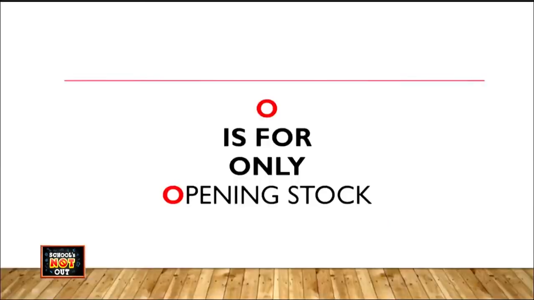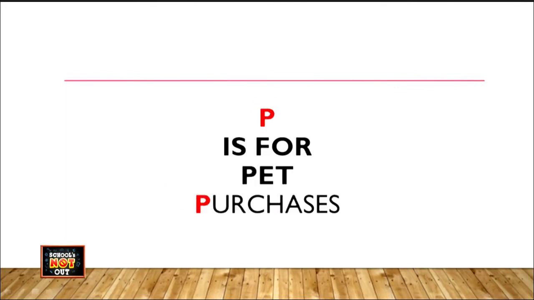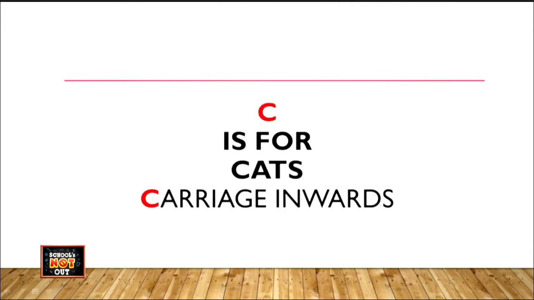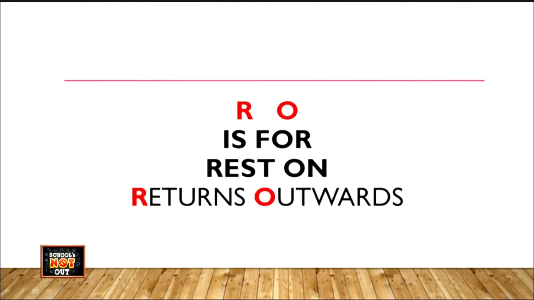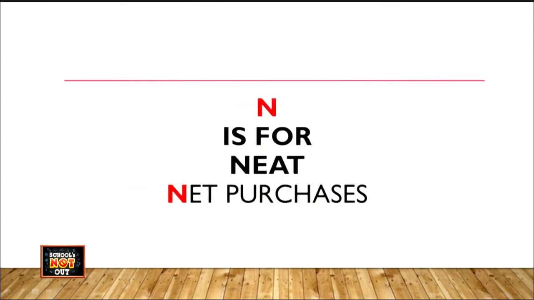So, in refreshing again, the O is for only, which represents our opening stock. The P is for pet, which stands for purchases. The C is for cats, which stands for our carriage inwards. Our O is for rest on, which represents our returns outwards.